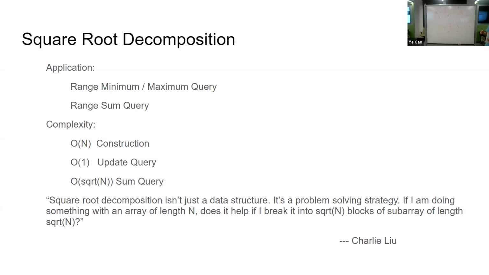Say a database has n different data items, you break this into square root n different segments. Then if you want to update an individual segment, you just change that part instead of changing the whole data structure. It's a very good way to think, and a lot of problems can be solved using this strategy.